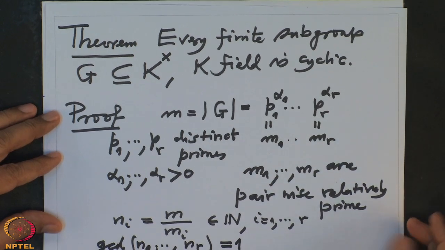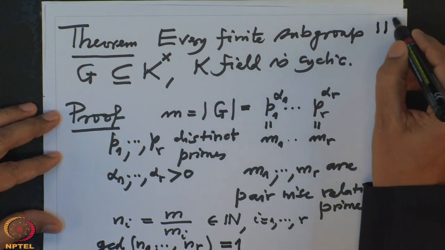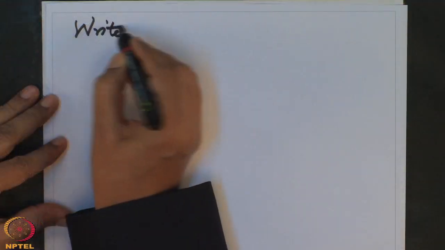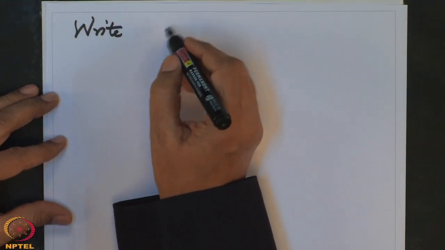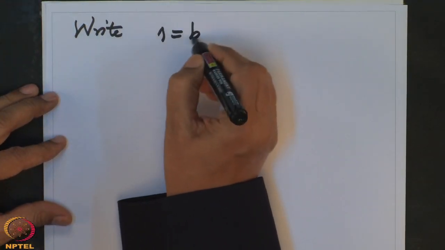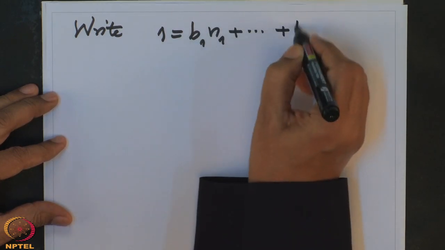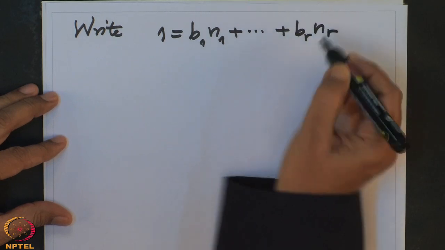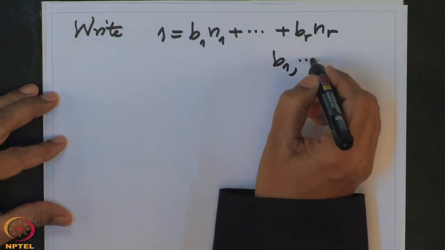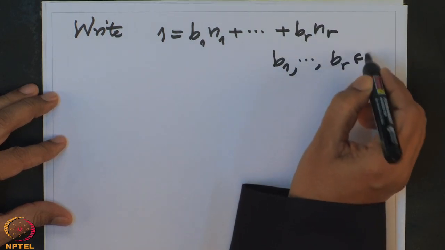That means I can write 1 as a combination of n1 to nr. So write 1 equal to b1 n1 plus etc. plus br nr, with b1 to br integers.